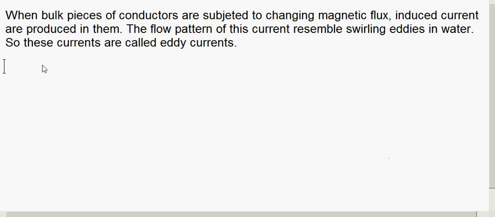So this work which is spent against the opposition of eddy current appears as heat in the conductors. So eddy currents produce heat in electrical devices like generators, transformers, etc. In the core of the transformer, the eddy current produced will cause heating of the core of the transformer.